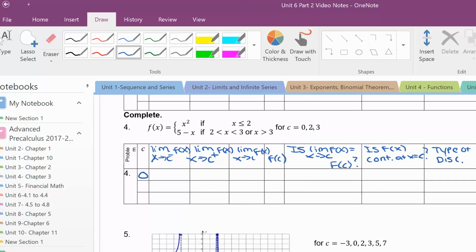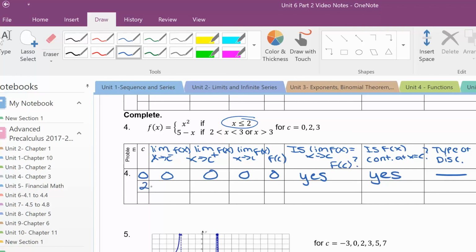Well, 0 is not a changing point here, so 0 falls in the less than or equal to 2 category. From the left and right, it is 0, because the value of the function when you put it in is 0. F of c is also 0. So is the limit equal to the value of the function? Yes. Is it continuous? Yes. There is no discontinuity.